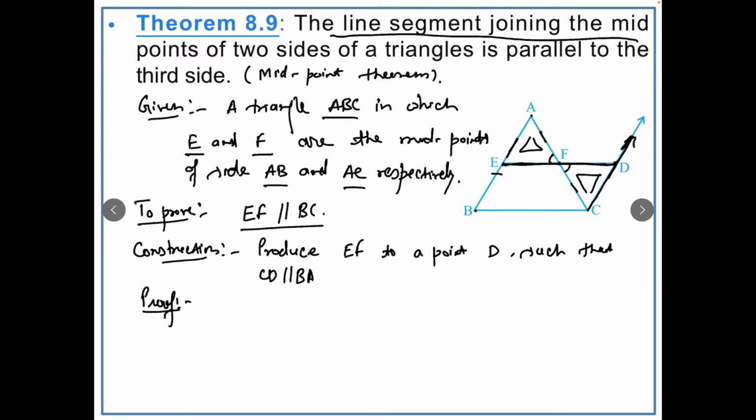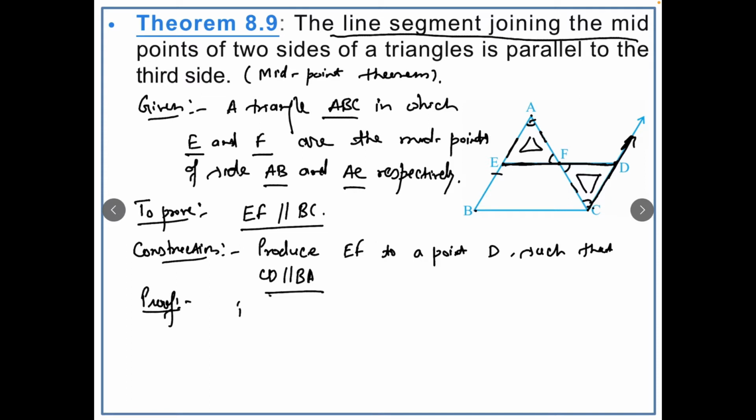Then we'll prove that angle A and angle C are also equal because by construction AB and CD are parallel, AC is their transversal, so angle C and angle A are alternate interior angles. By that we'll prove that these two triangles are congruent.